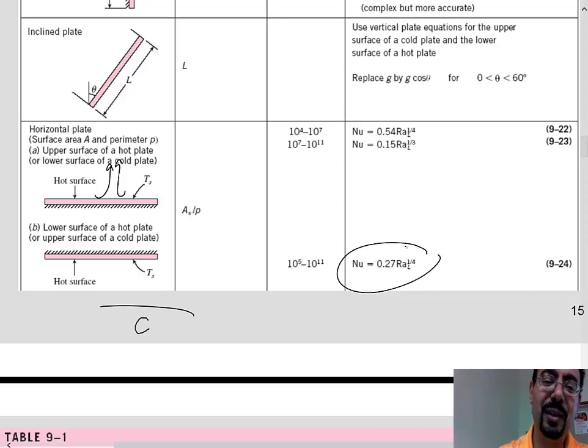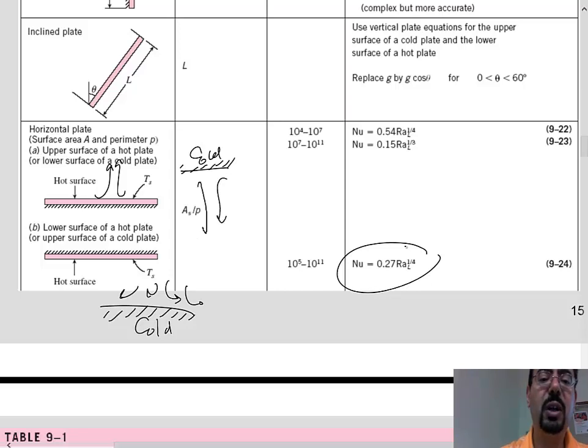That's also annoying. A cold surface facing upward is the same thing: it's very annoying for heat transfer, because the air will just get cold and get stuck. It will not go anywhere. And a hot surface facing upward, which is pretty good for heat transfer, is the same as a cold surface facing downward. The air will get cold and start dropping.